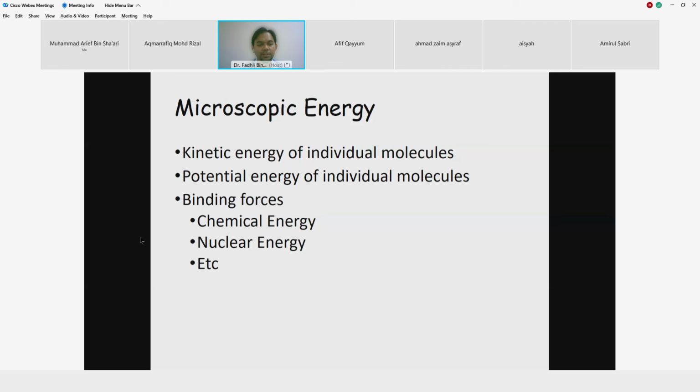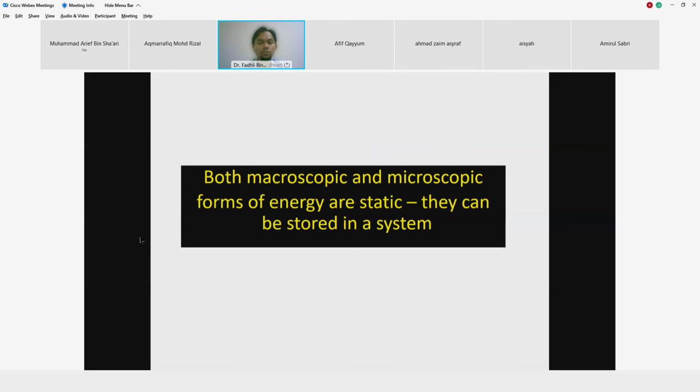For example, here, chemical energy, nuclear energy, etc. Both macroscopic and microscopic forms of energy are static and can be stored in the system. The system can store the energy and transform it from one form to another form.